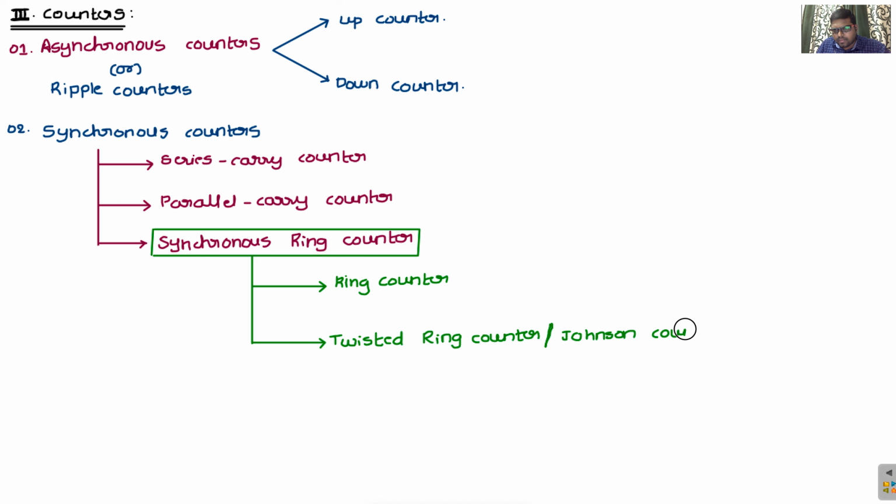Johnson counter, which is also called switchtail ring counter, and Mobius counter, and it is also called creeping counter.